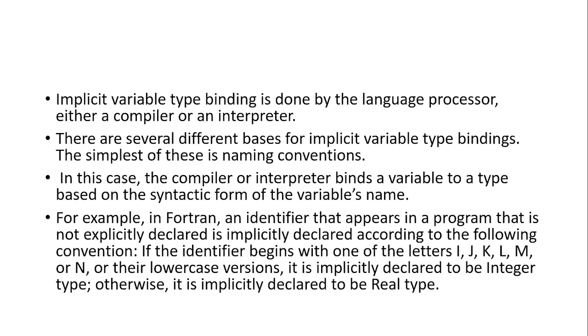For example, in Fortran, an identifier that appears in a program that is not explicitly declared is declared according to the following convention. If the identifier begins with one of the letters I, J, K, L, M or N, or their lowercase versions, it is implicitly declared to be integer type. Otherwise it is implicitly declared to be real type. That is the case with Fortran, not applicable for all languages.